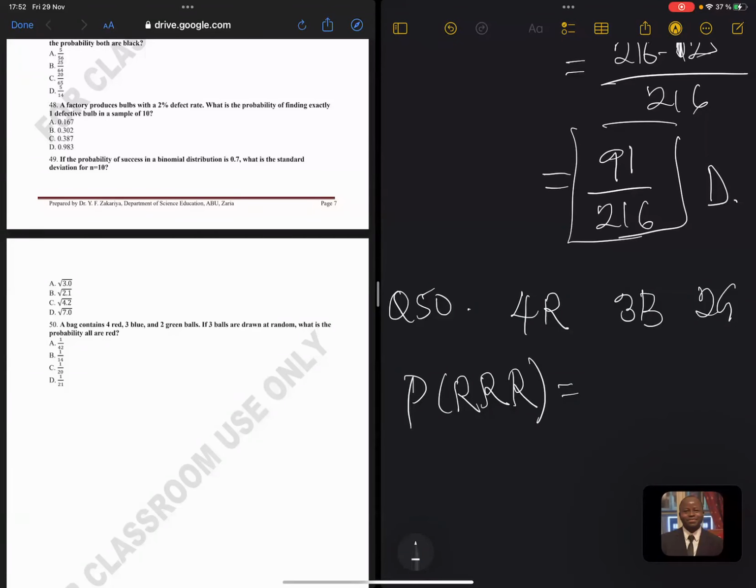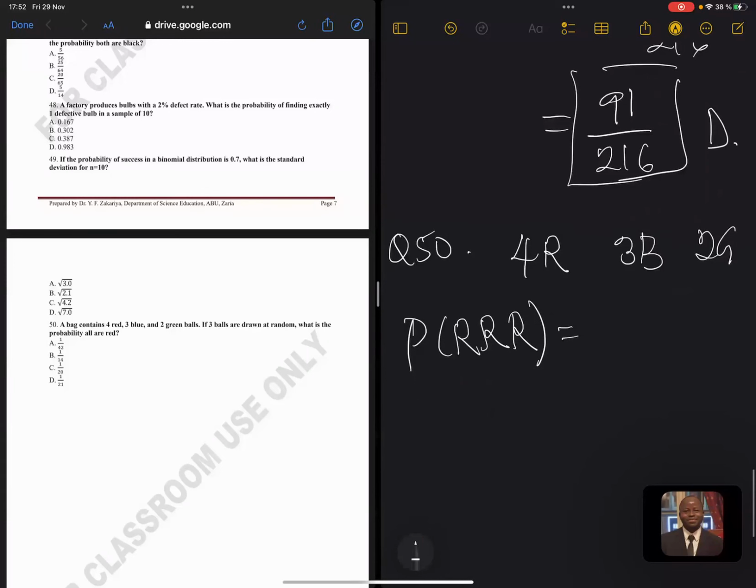Because when you pick a ball at random, naturally you don't have to replace. So if it is with replacement, the question will tell you. But if it is without replacement, whether the question tells you or didn't tell you, you should know that the picking of the balls is without replacement. So we are picking 3 red balls consecutively without replacement.